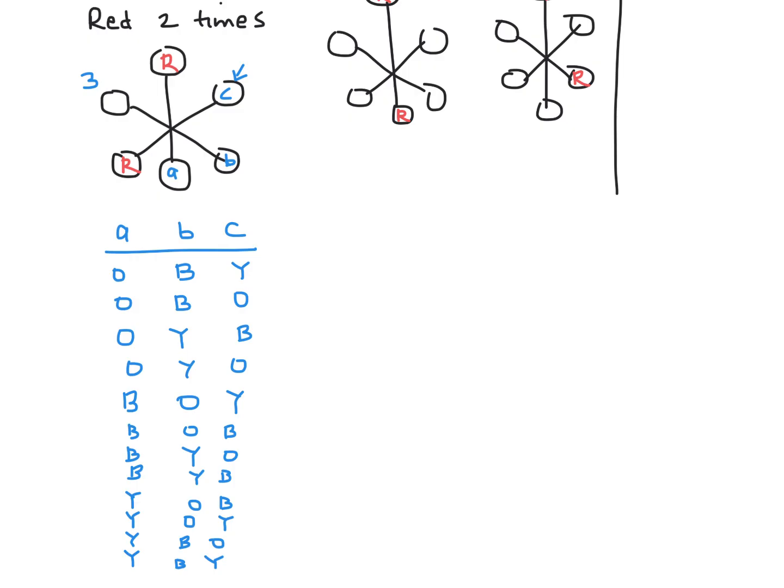I have 3 possibilities for A. And then for B, we have only two possibilities because it can't be the same color as A, and it also cannot be R. And then for C, it cannot be R, and it cannot be the same color as B, so two possibilities. I got it.